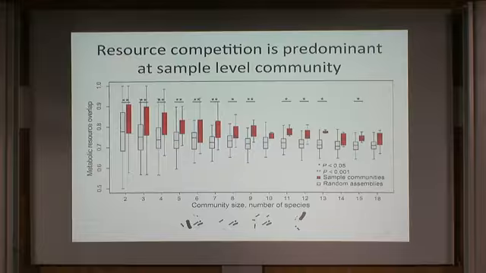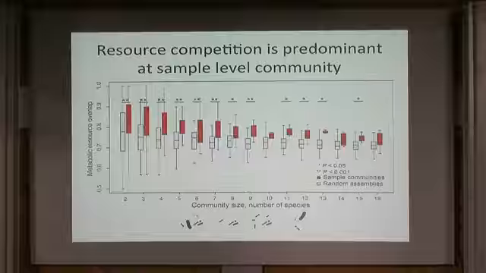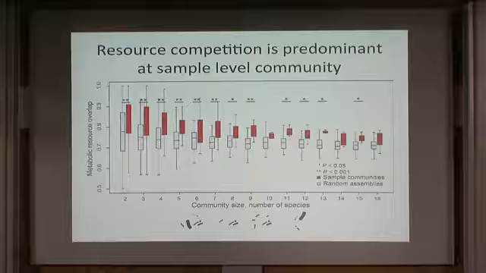So basically, the species in the sample are likely to use the same resources, which is a description of the habitat, which is more or less the same, so they compete, which is logical.